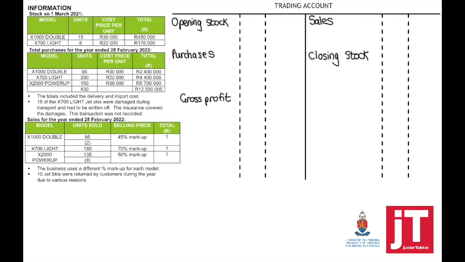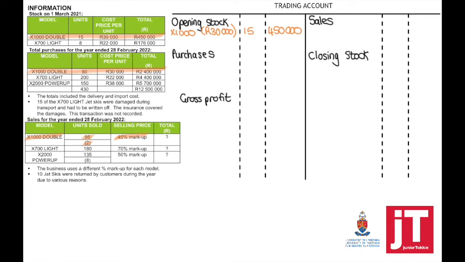Now, if we look at the information given, remember that we are busy with specific identification. So we need to look at each item individually. Starting with the X thousand double, that's the model. We've got 15 units in the beginning. The cost is 50,000 per unit.